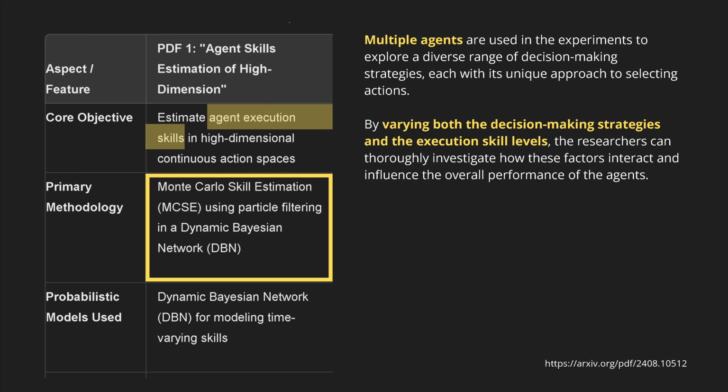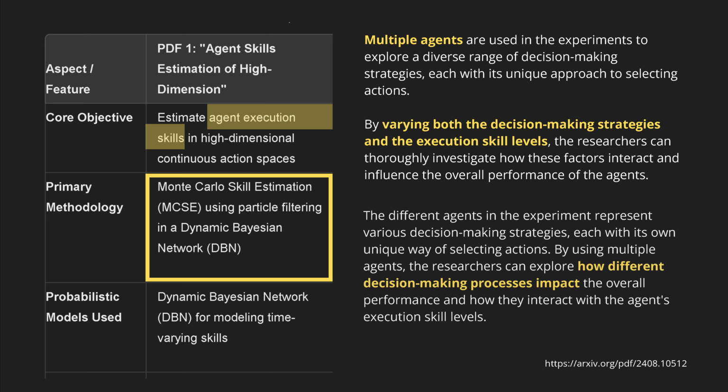So, beautiful. We now have exactly what they were analyzing. And remember, we have just two: the decision-making strategy and the execution skill levels. We are just looking at those simple dependencies, and there is a set of other dependencies that we have to solve in the next video.